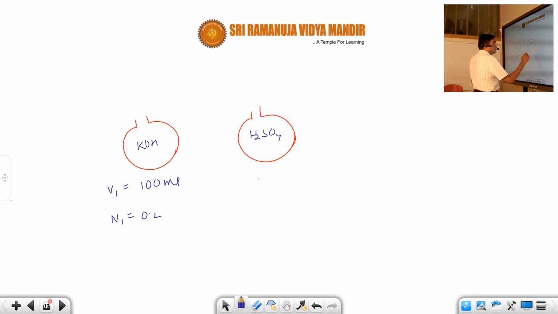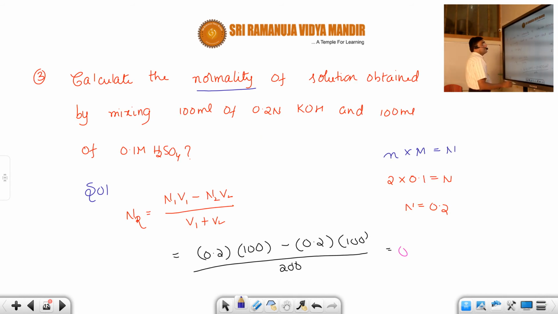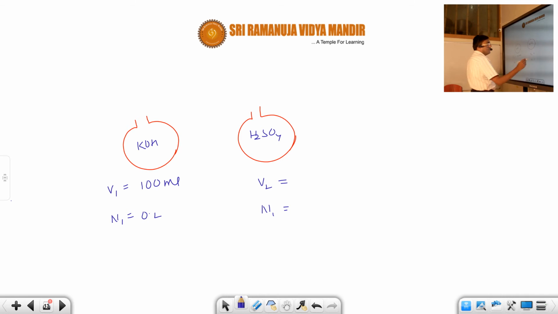Now what are V2 and N2? Let us see. Go back and read: 100 ml of 0.1 molar. Here molarity is given, M2.